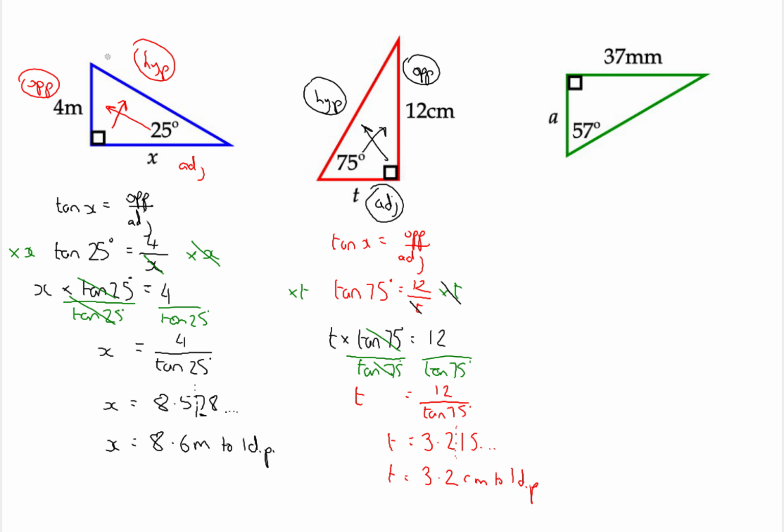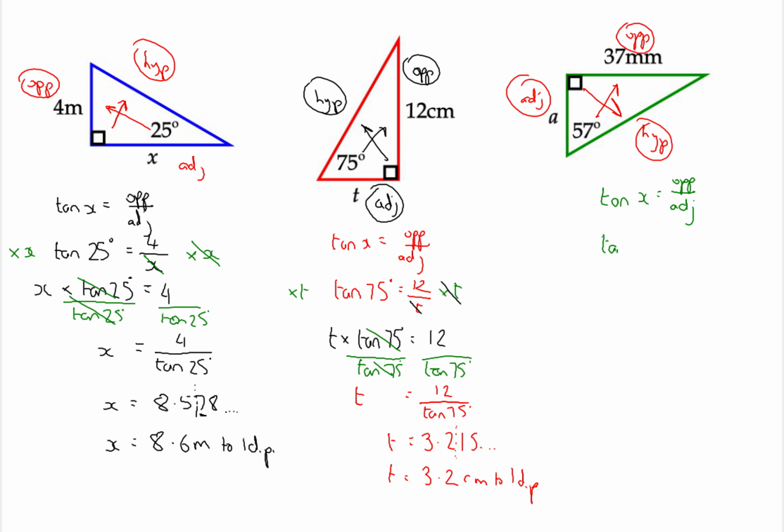And lastly here, let's have a look at this one. There's my hypotenuse. There's the opposite. There's the adjacent. And I'll use green for this one since we've got a green triangle. Here's my formula. Tan x equals opposite over adjacent.